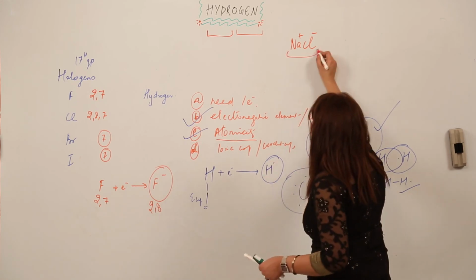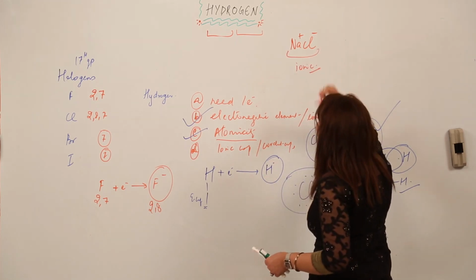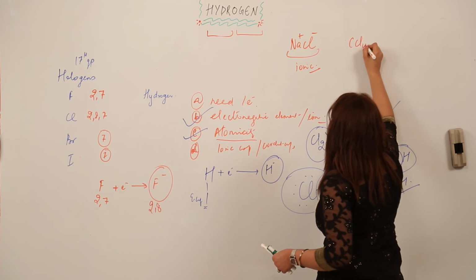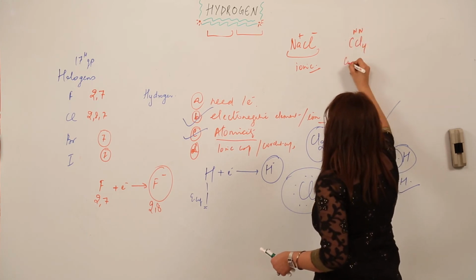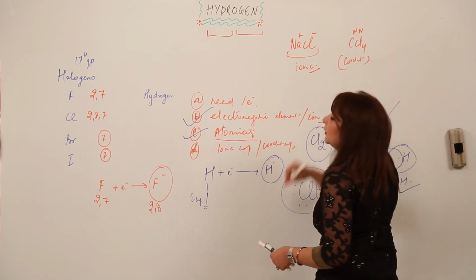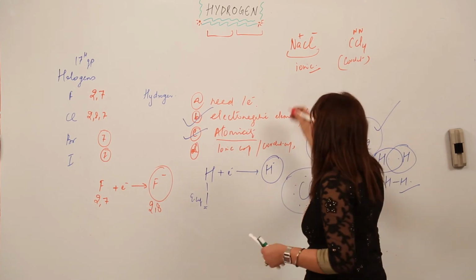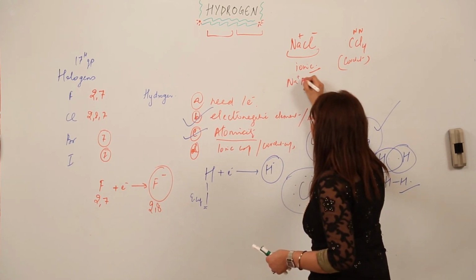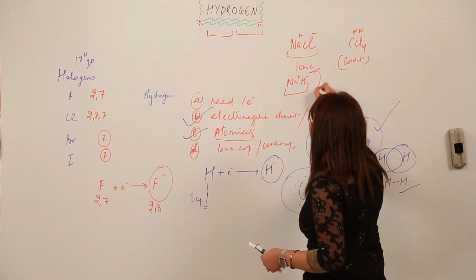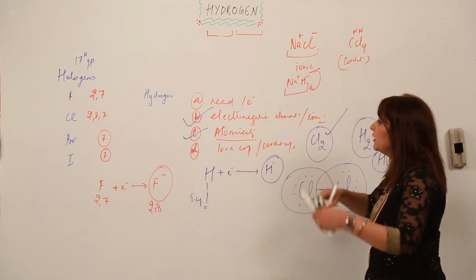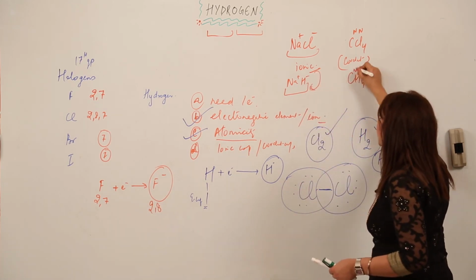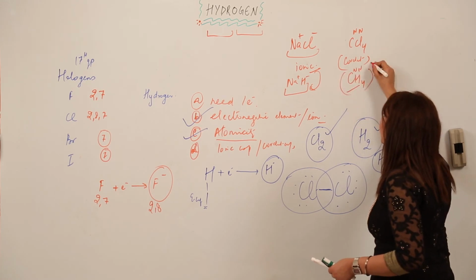So this compound is ionic in nature, right. Similarly we have CCl4, with a non-metal, which is a covalent compound. Similarly for hydrogen, we have NaH, sodium hydride, again an ionic compound, and we have CH4, with a non-metal, again a covalent compound.